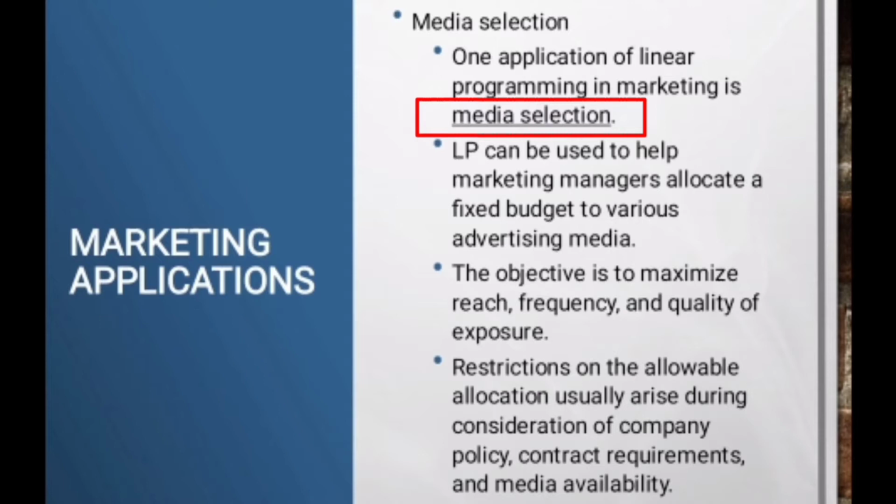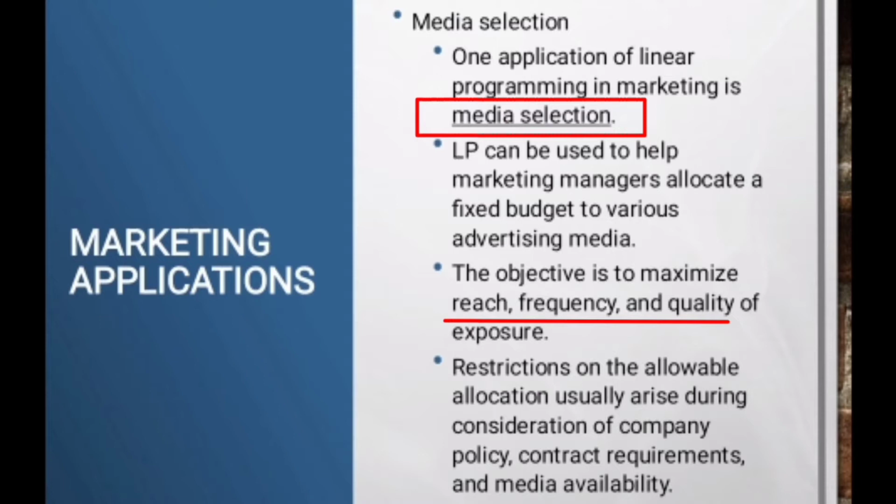The objective of media selection is to maximize reach, frequency, and quality of exposure. Restrictions on the allowable allocation usually arise from company policy, contract requirements, and media availability.